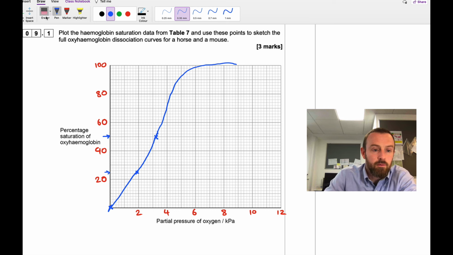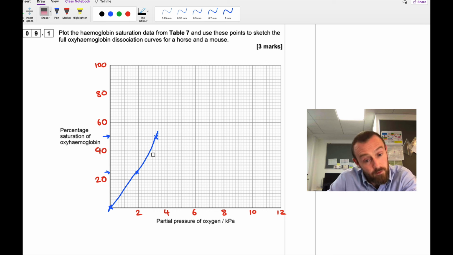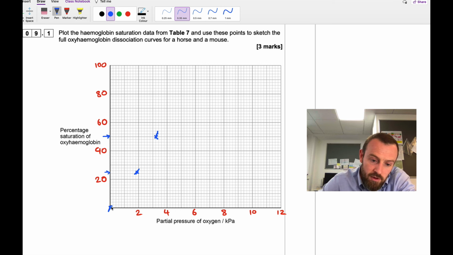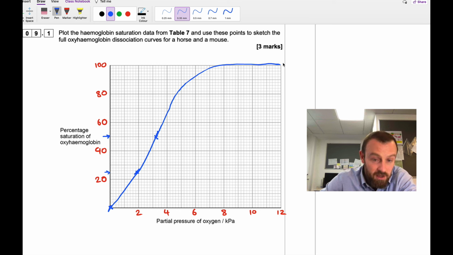Oops, that was not a very good curve. If I actually was doing this, I don't think I can do a ruler on my screen here, but it's not quite a straight line. You do want to have it slightly sigmoidal, but then it's going to curve to 100. Let's just say 100.